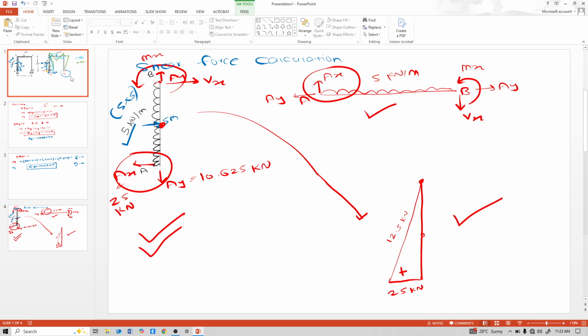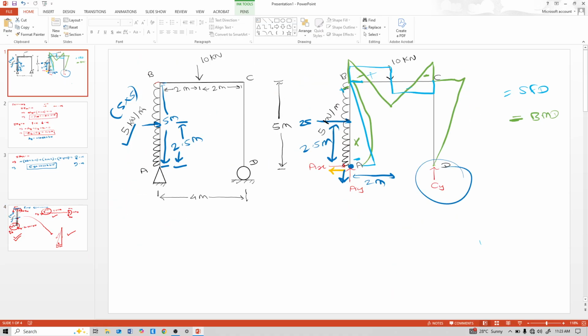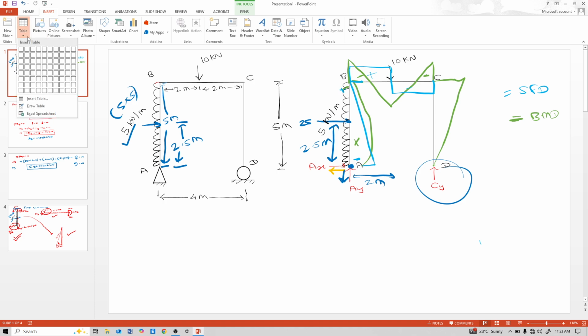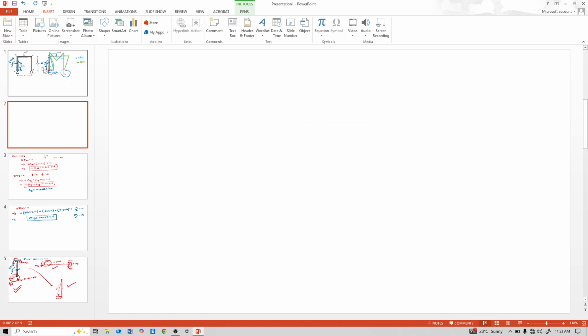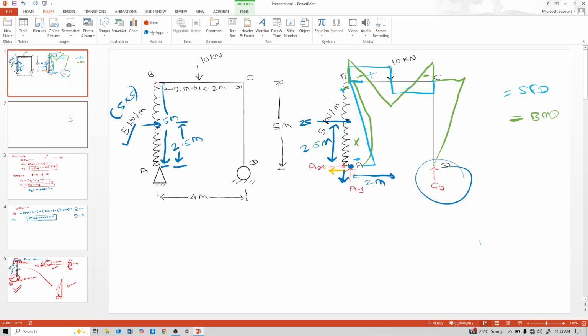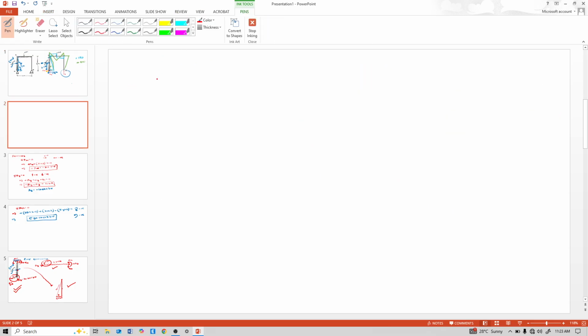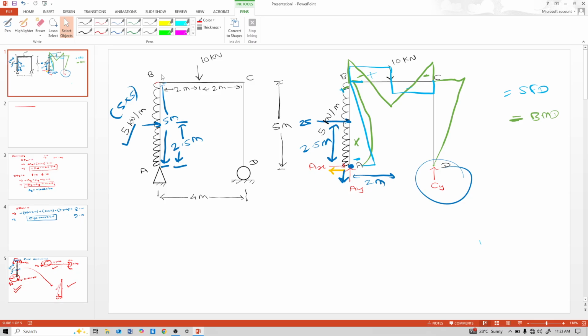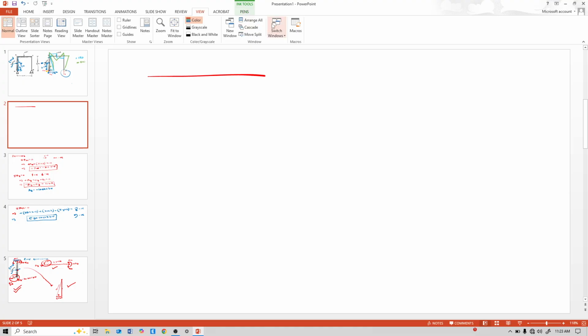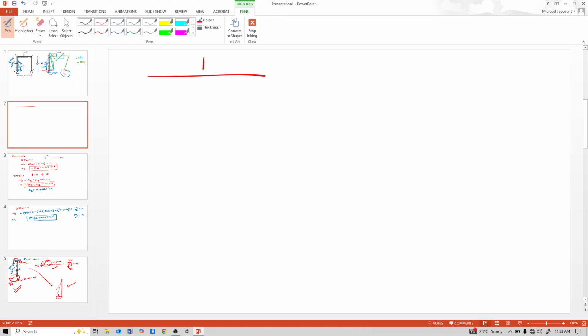Now calculate the shear force for the BC element. The BC element is a horizontal element, with a 10 kilonewton load here at the middle, at a distance of 2 meter and 2 meter.